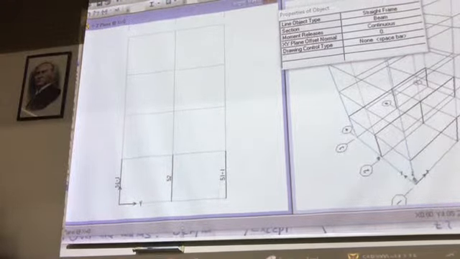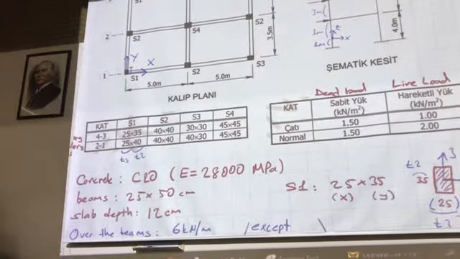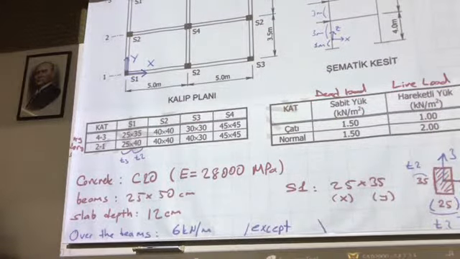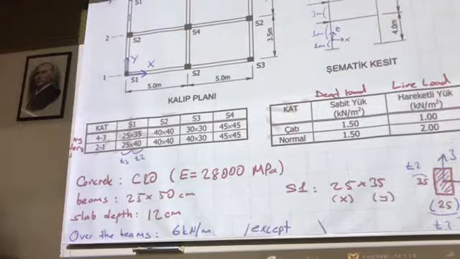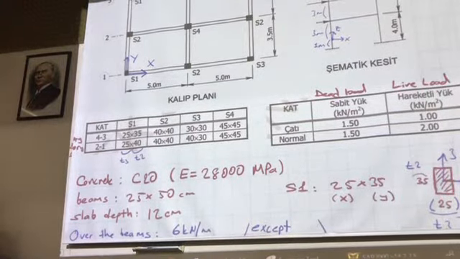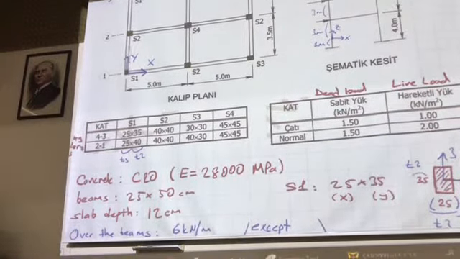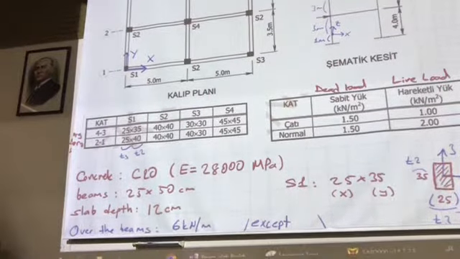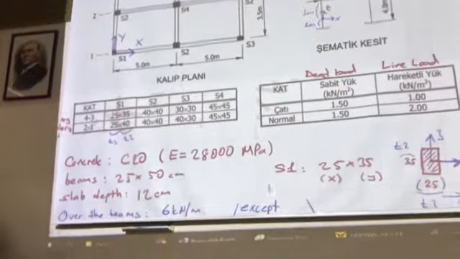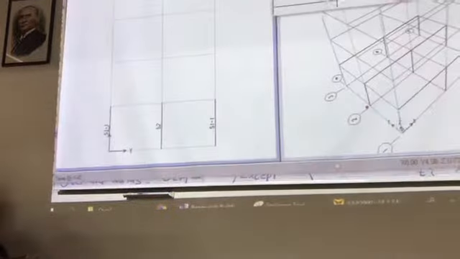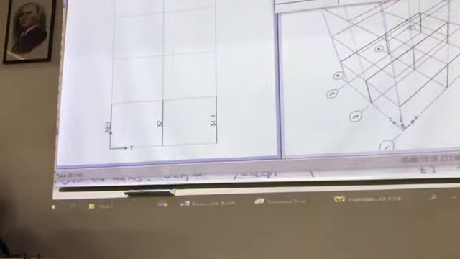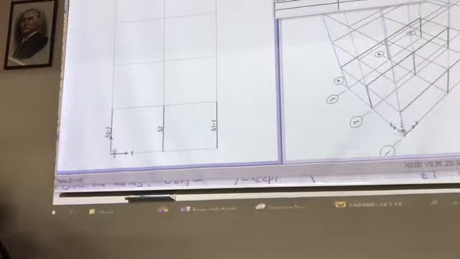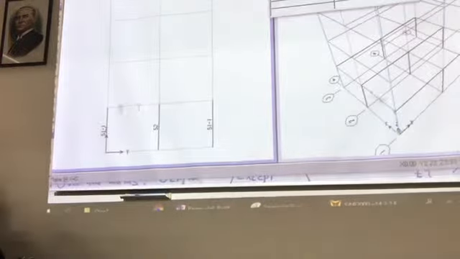At YZ, X equals 0. Here, this one. But you see Y is in this direction. Therefore, this one is S1, this one S2. Be careful, Y is here in this direction. And draw beams.